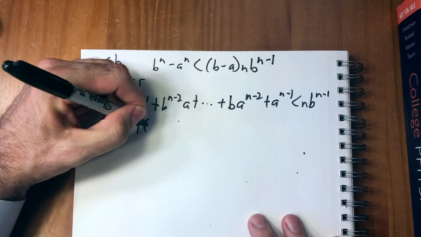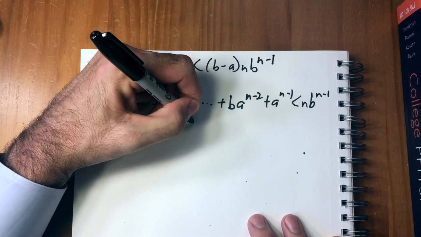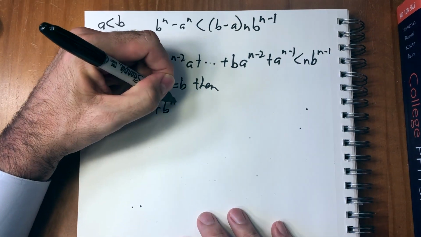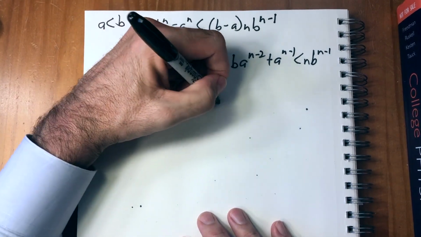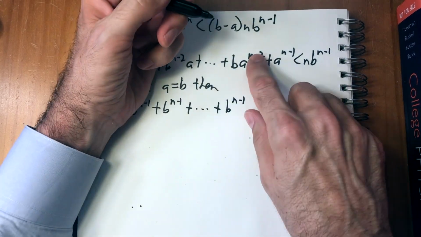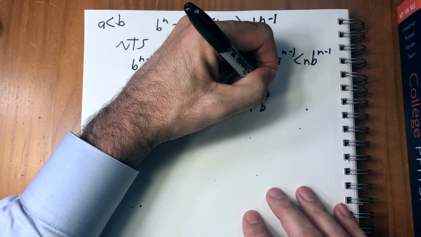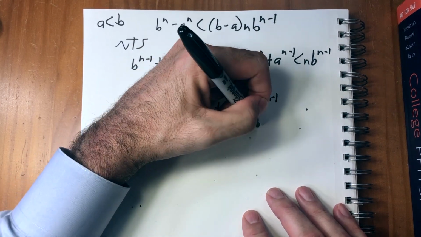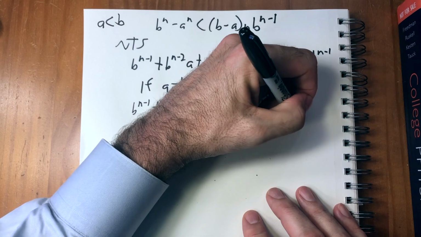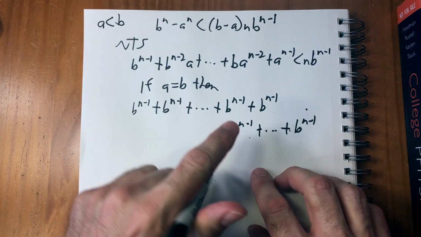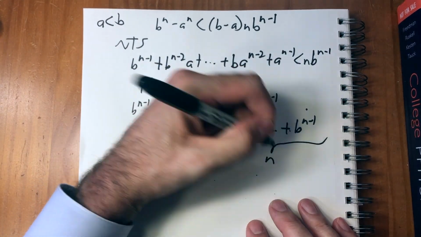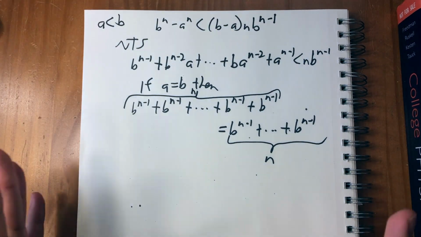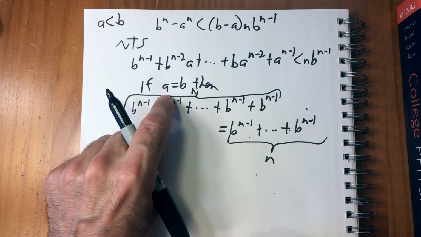So if a equals b, then b to the n minus 1 plus b to the n minus 1 plus b to the n minus 1 plus b to the n minus 1 and so on equals n times b to the n minus 1. So what we have to show then is, that's if a equals b.